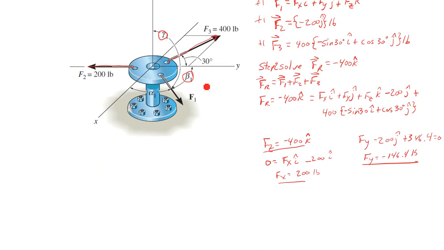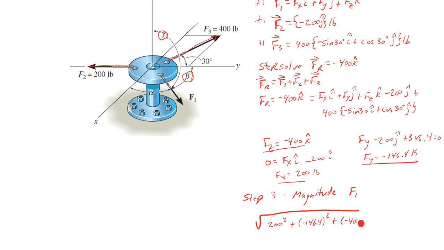Last part, step 3, magnitude. F1. So our magnitude is just going to be simply the square root of the squares of each of these. So we're going to have 200 squared plus negative 146.4 squared plus negative 400 squared.